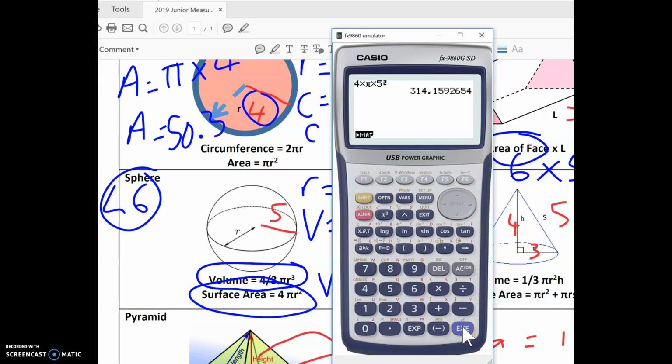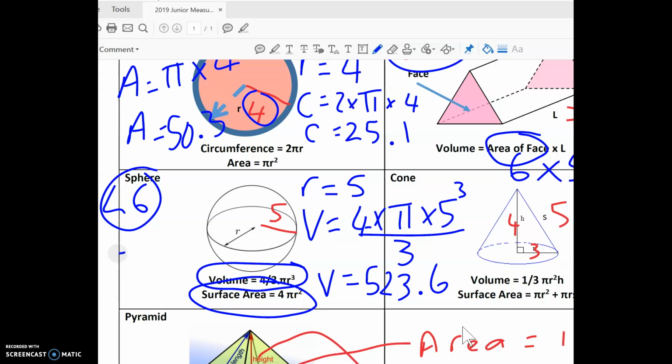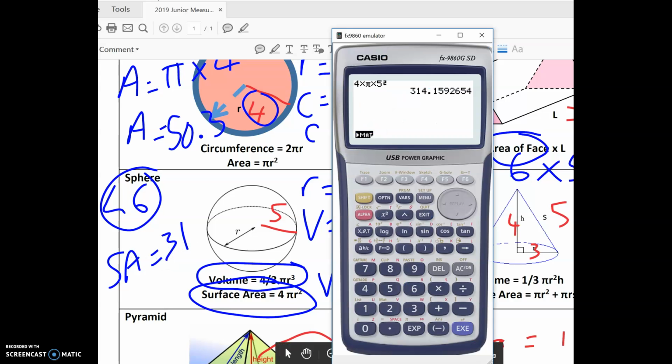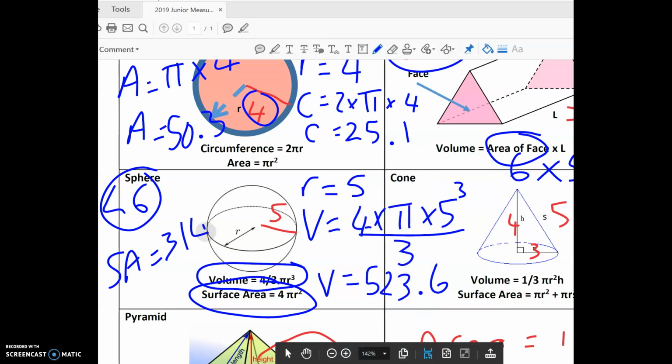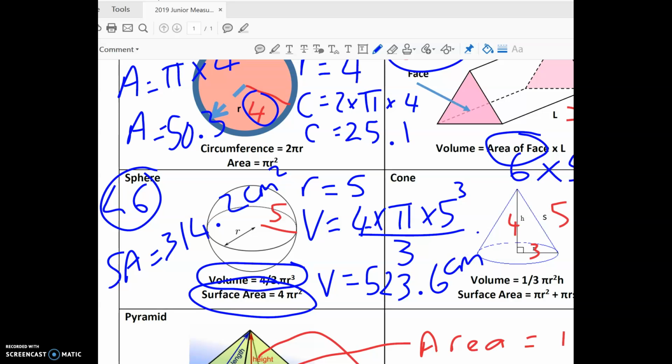So the surface area is 314.2. Notice I rounded it and left it to 1 dp. So the surface area, if it was centimetres, would be centimetres squared, and the volume would be centimetres cubed. Alrighty?